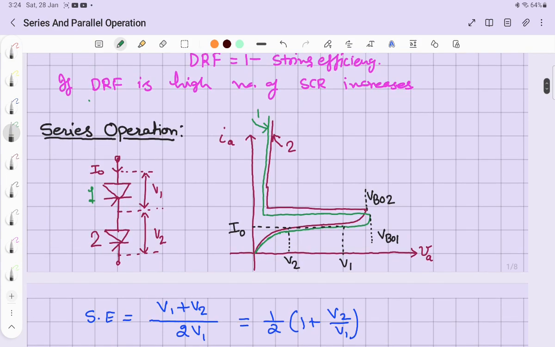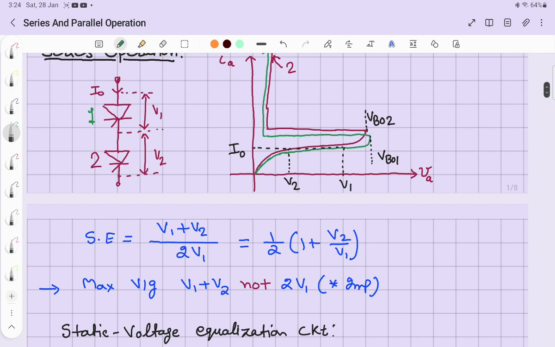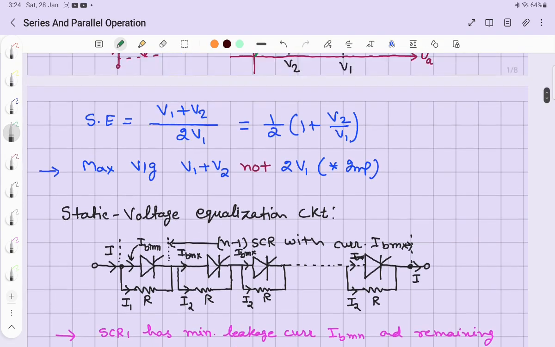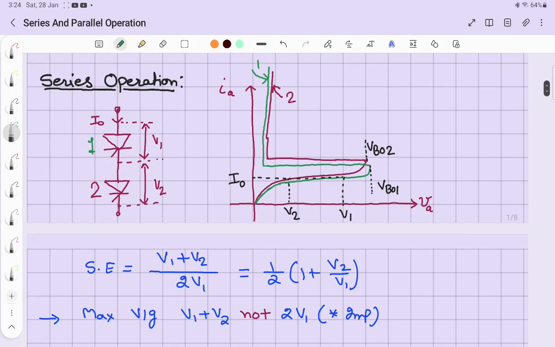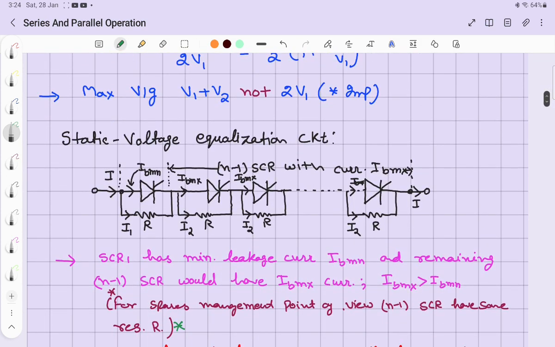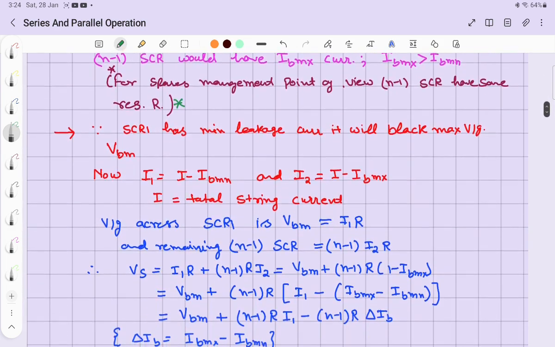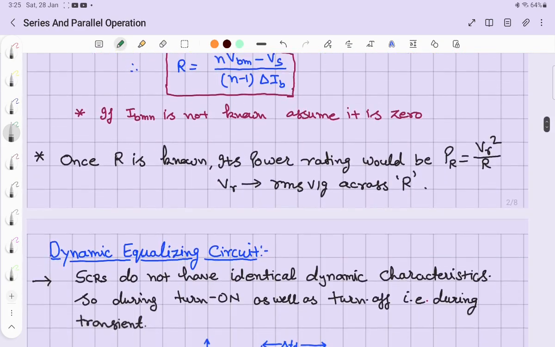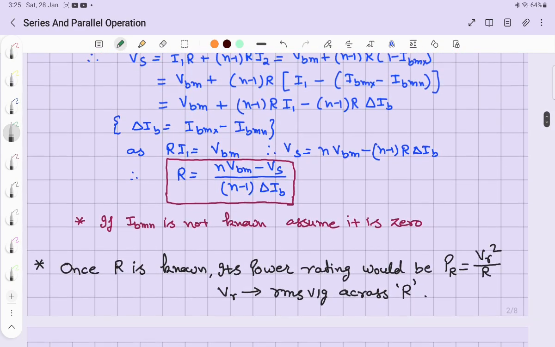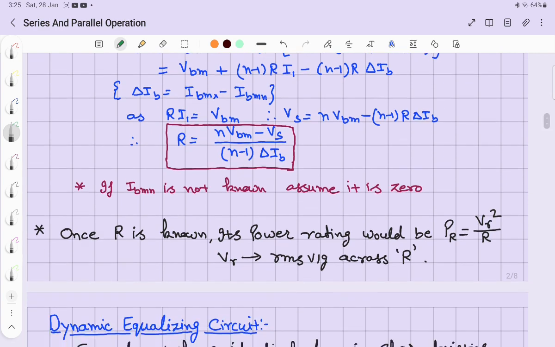Why is it maximum? Because the current flowing through thyristor 1 is minimum. So most of the current would flow through resistance R, meaning I1 would have a greater value as compared to I2. So definitely the voltage across thyristor 1 is maximum. Clear? So this is called the static equalization circuit.